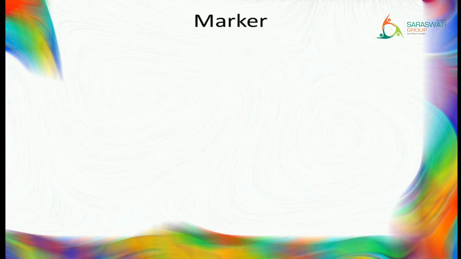Marker. This is our next word. Marker. You have seen all your teachers using a marker, a whiteboard marker. With that they are writing on the board. The board is of a white color, so we can consider it as a canvas, right? So here in Paint 3D, marker means the different brushes which allow us to color the picture.